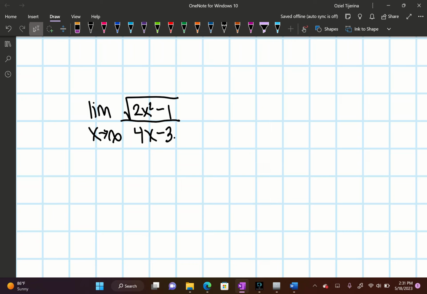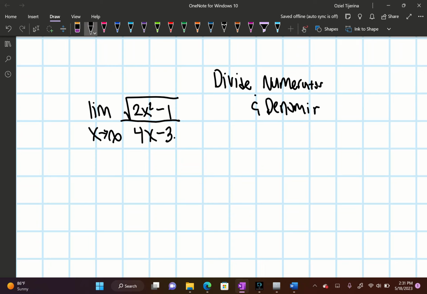There are a few things I want to keep in mind: you're always going to divide the numerator and denominator by the x term with the highest power.